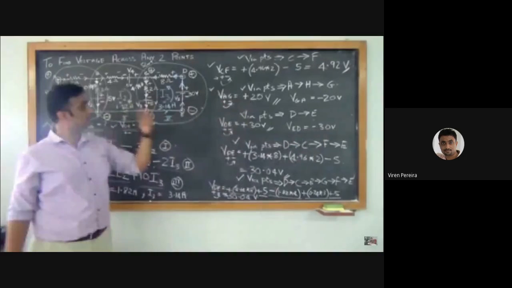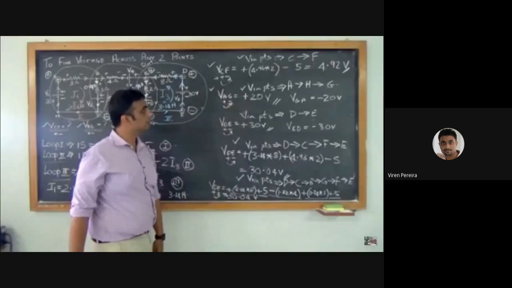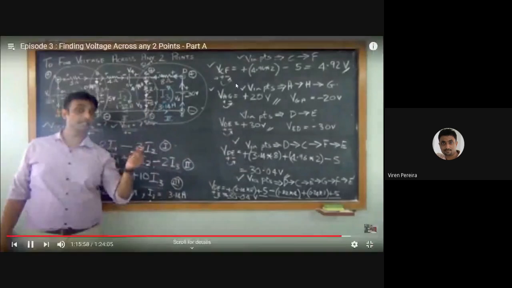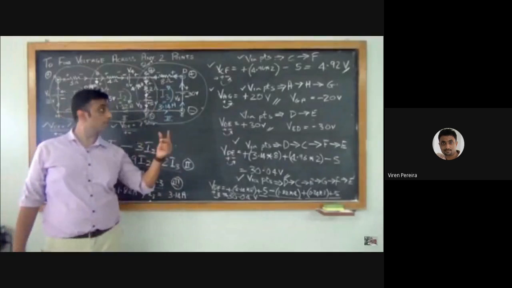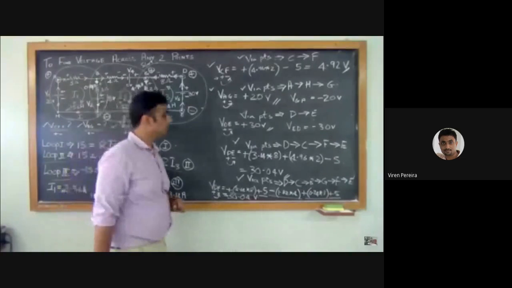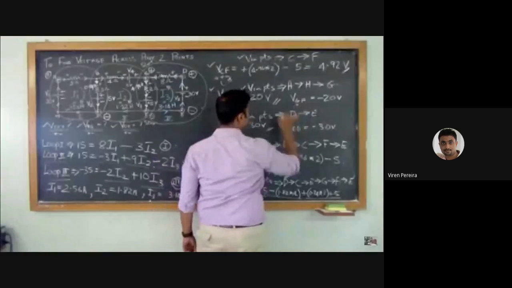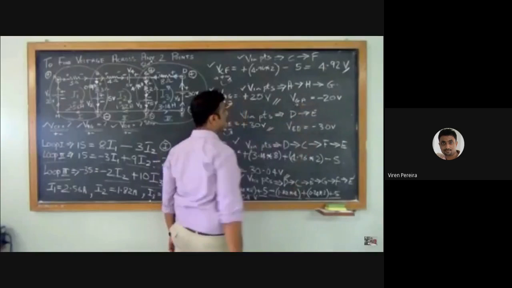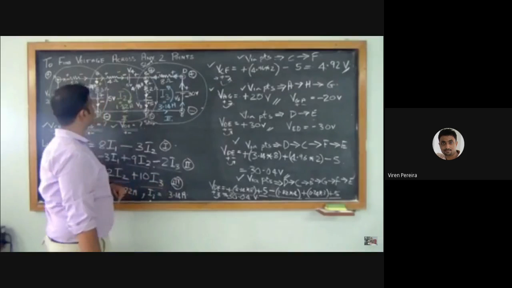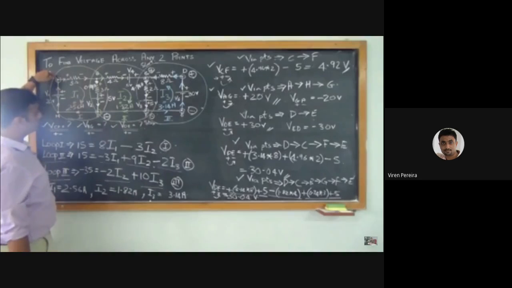So always remember, if your VAG equals 20 volts, then your VGA will be equal to minus 20 volts. If you change your terminals, your voltage polarities also will change. It is the same as stating your G terminal as positive and A as negative. So if you take VGA, I have my G here and my A here.